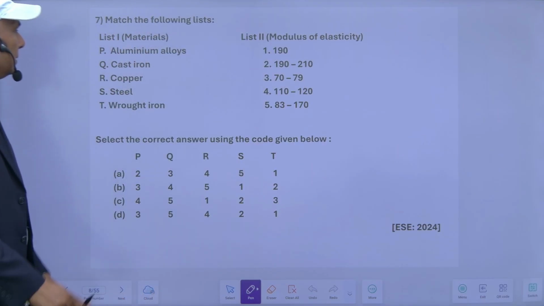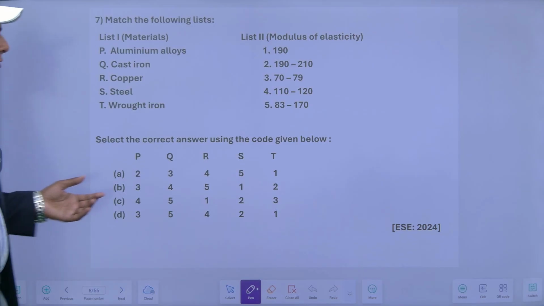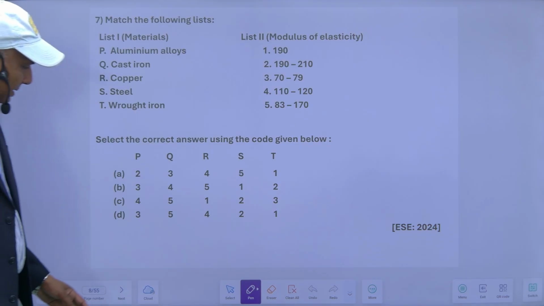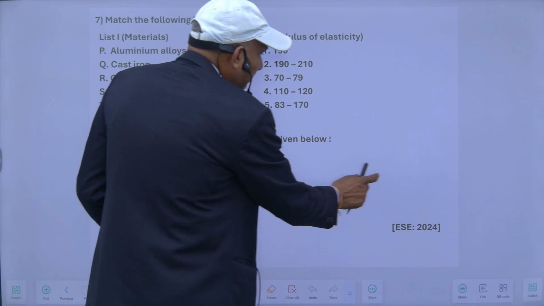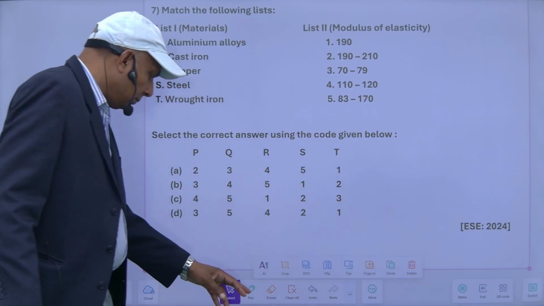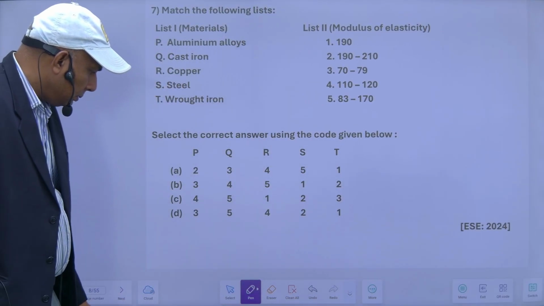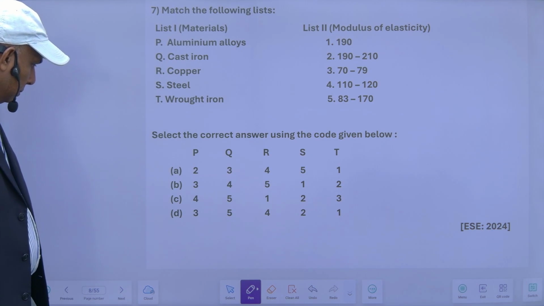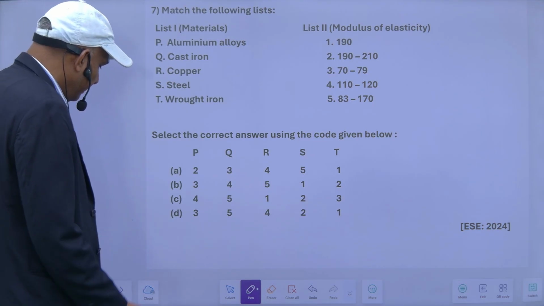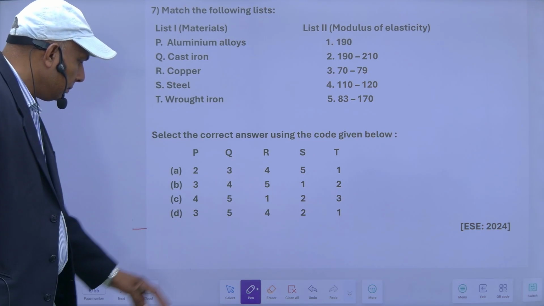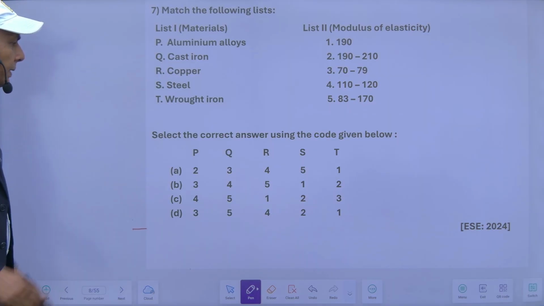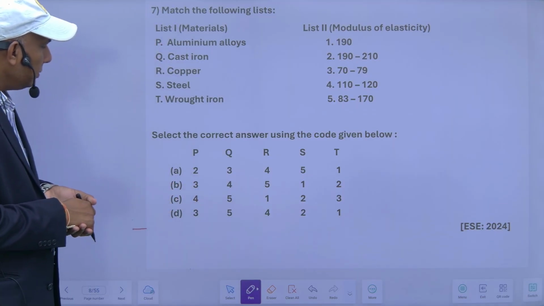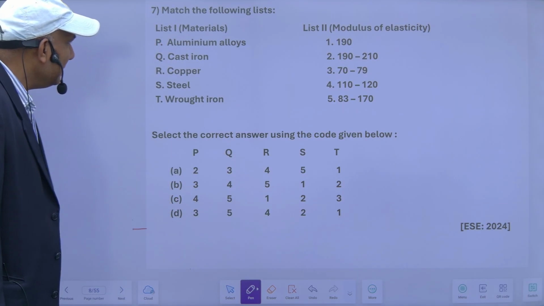Now match the following: aluminium, list of modulus of elasticity. So we have to match them. Select the correct answer using the code given below, P, Q, R, S, T. There are 5 materials.